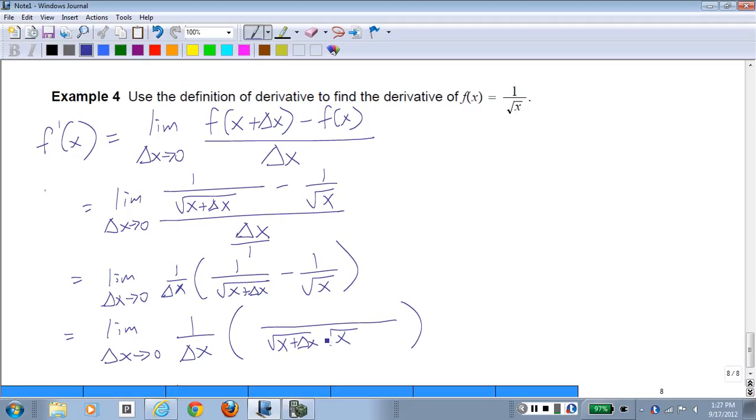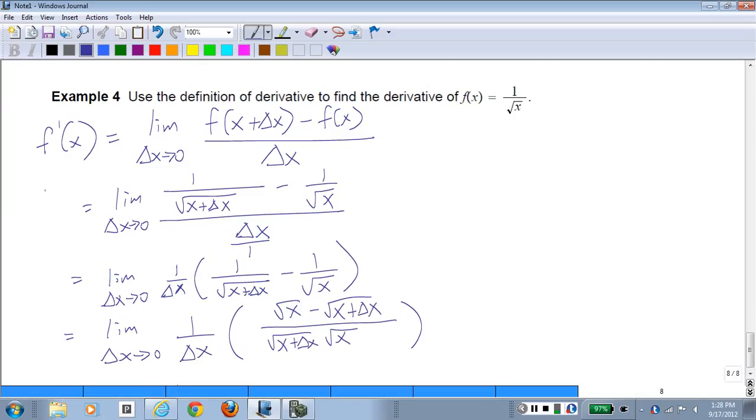And then we answer ourselves, the square root of x. And the square root of x times 1 is the square root of x. So the square root of x can be multiplied by what to equal the LCD? Yeah, the other one there. So when we multiply that by -1, we get minus the square root of x plus delta x.